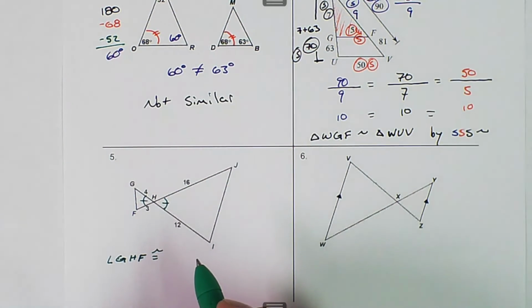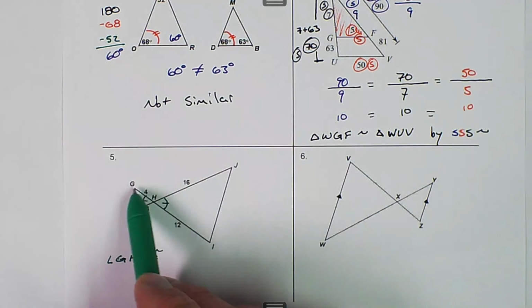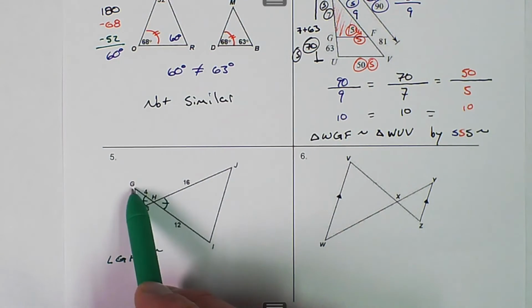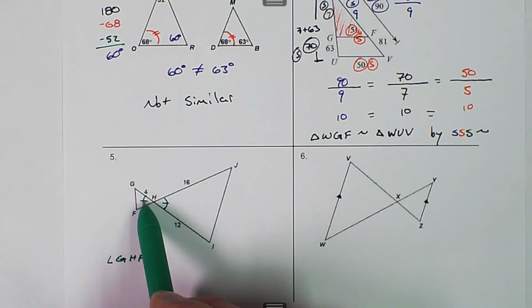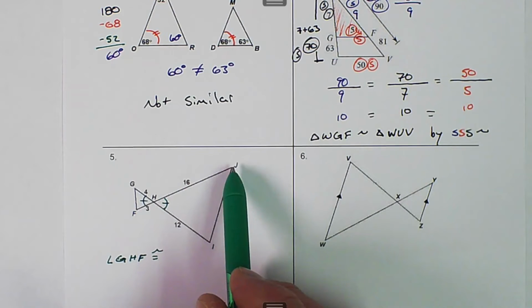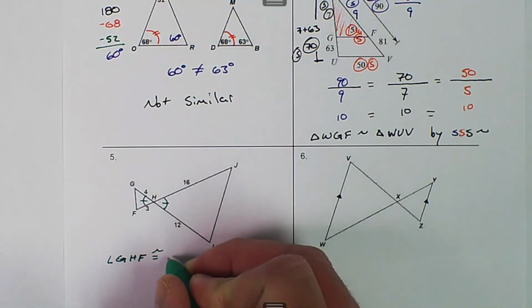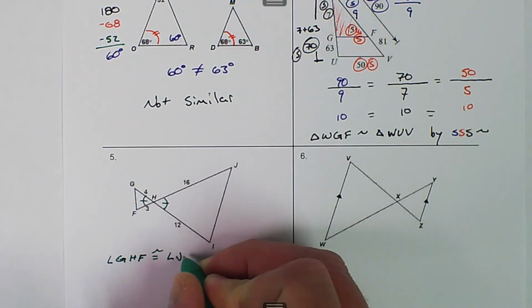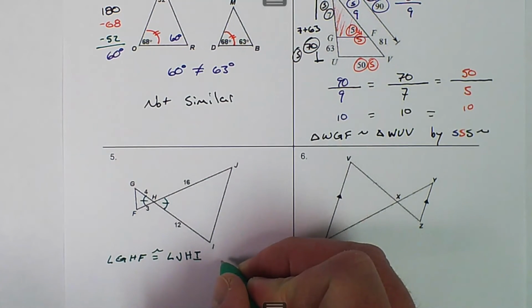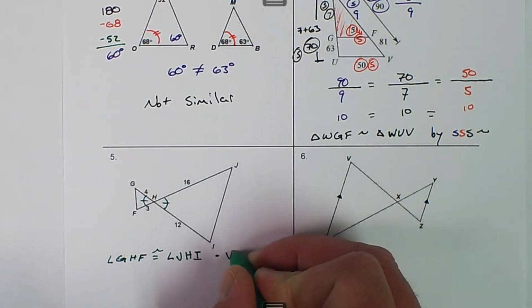Now, this one might be hard to decide if G goes with J or if G goes with I. And one thing you can compare is G to H is the bigger side. So which is the bigger side? So it's got to be J to H. So, triangle JHI. And the reason is vertical angles.